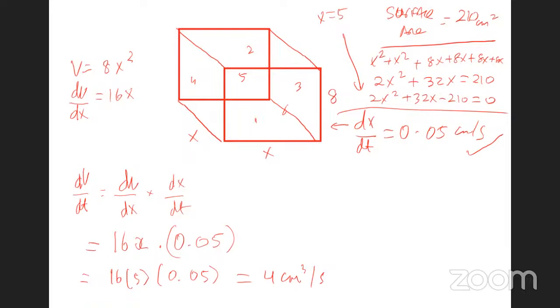Then 8x, 8x, 8x, 8x, and then here's a square, x squared. And I add up all 6 sides. And I made it equal to 210. So that turns out now to be a quadratic. And then I solve for x.